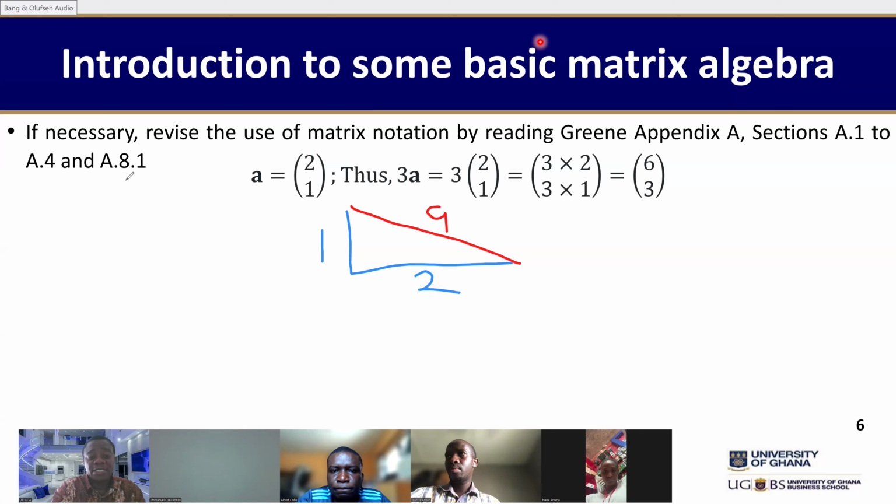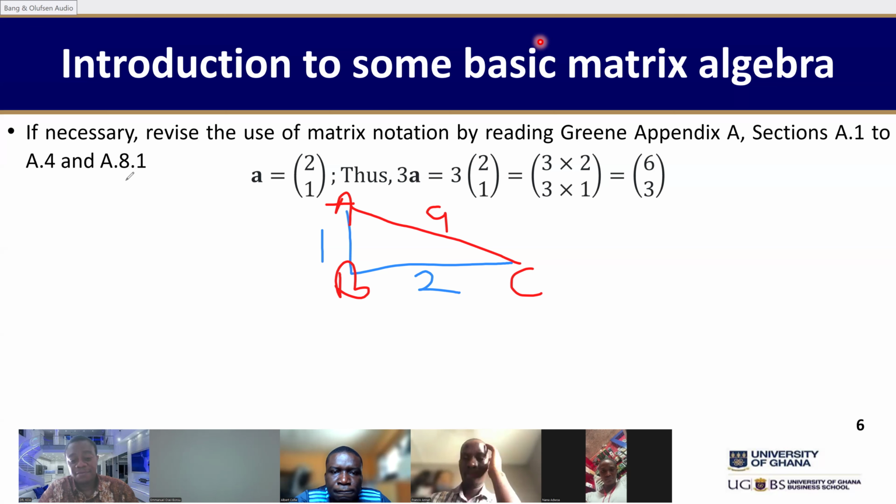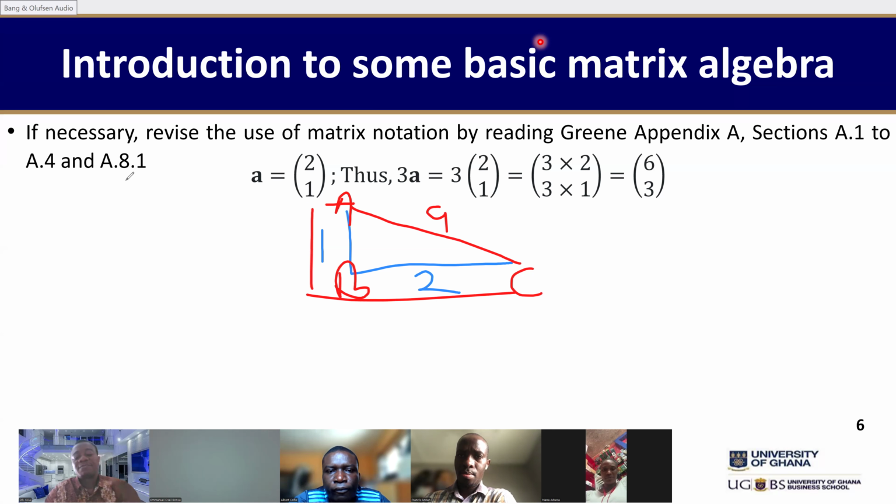Now, it could be that this one is capital A, B, and then C. So the distance from A to C is small a, which is generatable by the principle of Pythagoras theorem. You can get that small a as long as you know the distance from here to there and then from here to there. A is a vector that is also a matrix because it's a column vector.